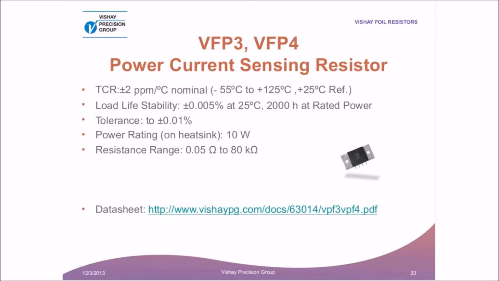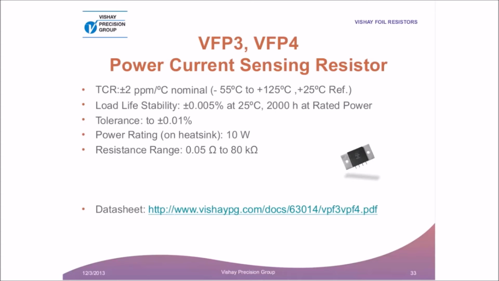Our VFP3 and VFP4 power current sensing resistors offer power up to 10 watts on a heatsink, very low tolerance of 0.01%. And I keep mentioning tolerance, but this is really one of the advantages of foil resistors, that we are able to offer these very low tolerances even on low value power current sense resistors.